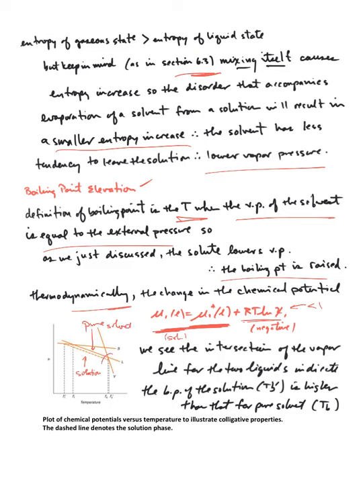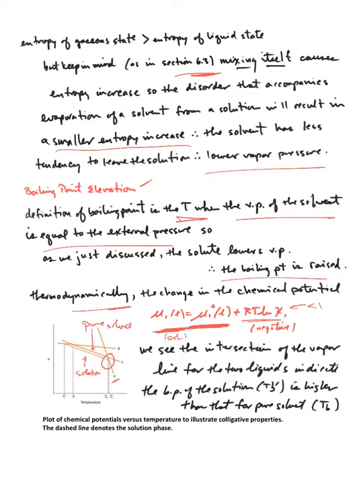And it's that intersection, it's a little hard to see on this graph, but if you take a look at your book, it's in there. So we see the intersection of the vapor line, which of course is going to be pure solvent because we define this as a non-volatile solute. The chemical potential of the pure vapor isn't changing, but the intersection with the liquid phase does change.